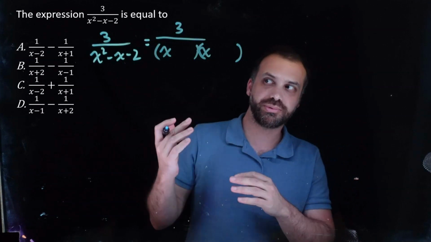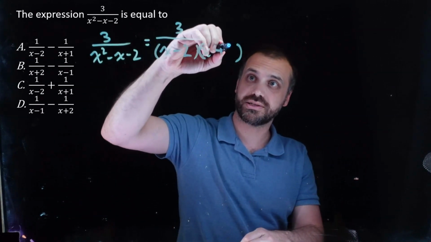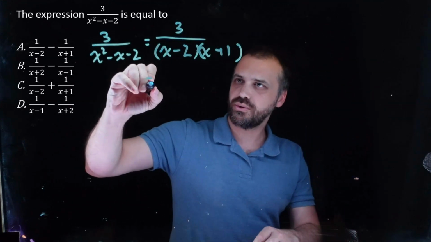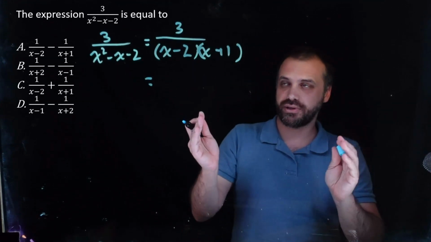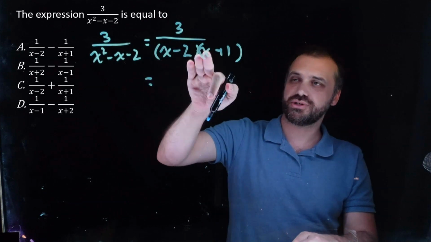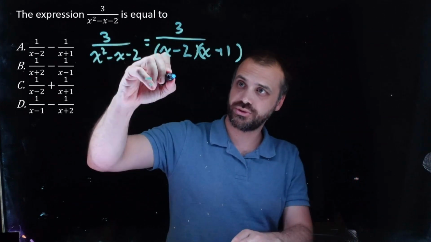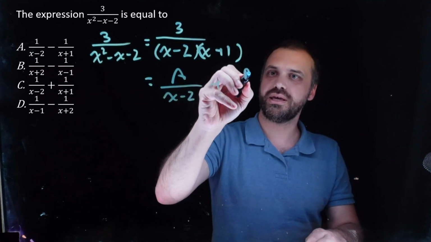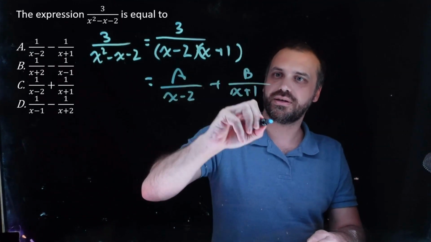Like probably negative 2 plus 1. That feels right. Okay. Then we can split this up, and we can say 3 over x minus 2 times x plus 1 is equal to A over x minus 2 plus B over x plus 1.